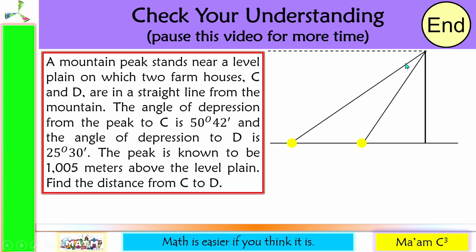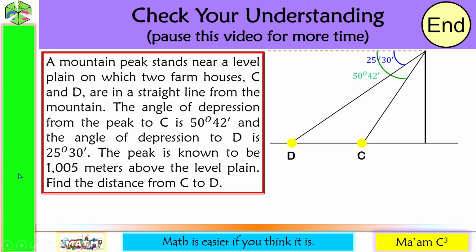So this angle here will be 25 degrees 30 minutes, and this is the angle of depression to D. So this point is point D. Next, from this horizontal line up to this line of sight, which is bigger, this is 50 degrees 42 minutes, the angle of depression from the peak to point C. So this is point C.